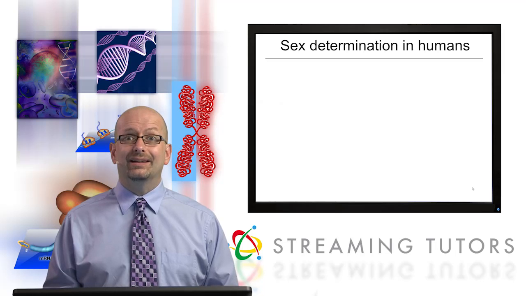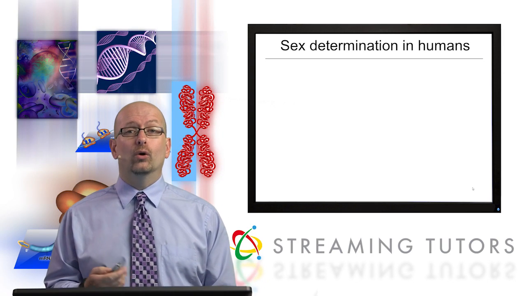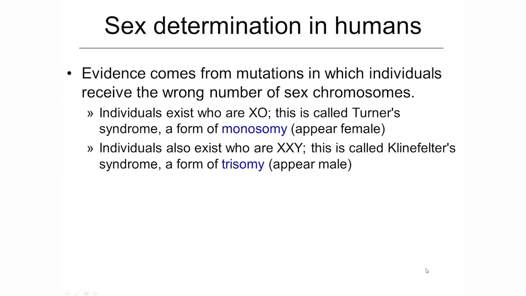But just keep in mind that sometimes you'll see problems that bring up Drosophila or different types of birds that do have a different type of system than we do. So here's most of the early evidence, and it makes a lot of sense, comes from mutations or changes in which individuals actually have the wrong number of sex chromosomes.